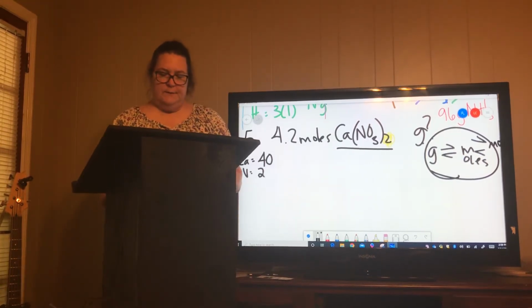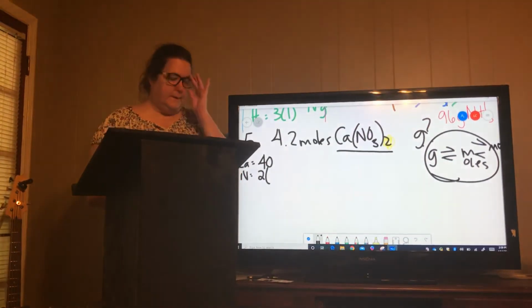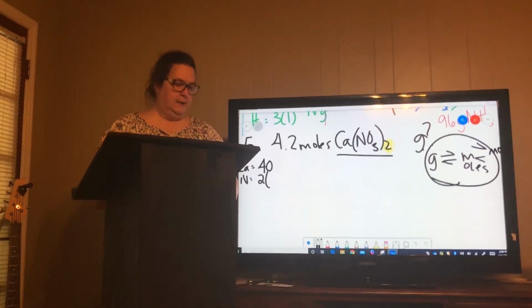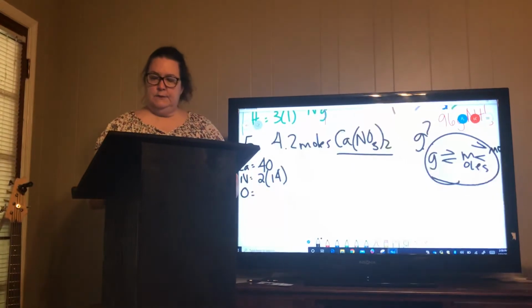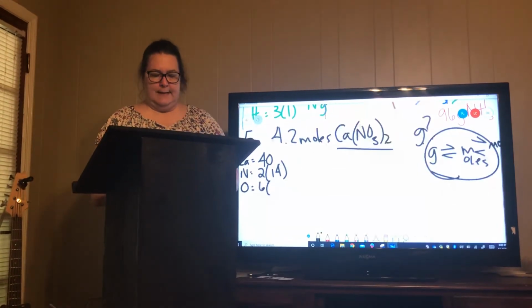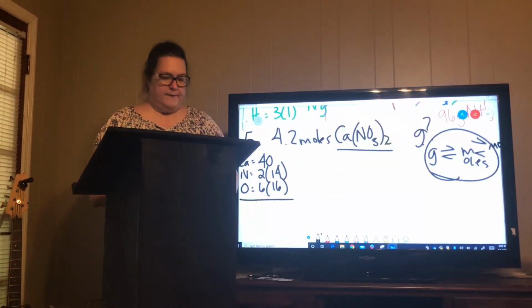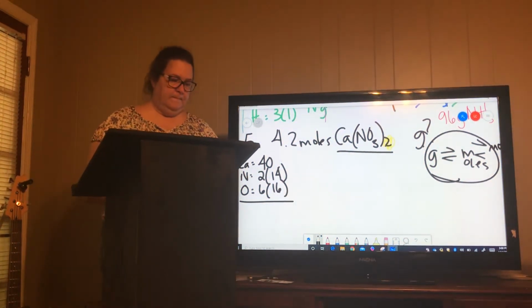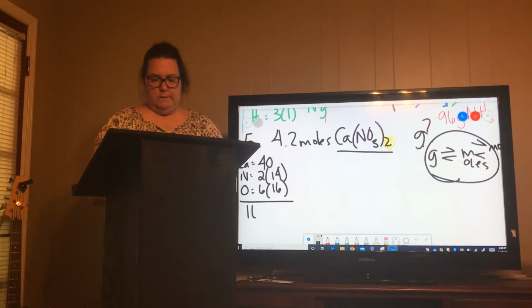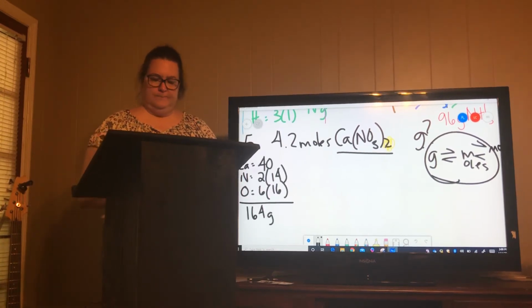So I have 2, and if I look on the periodic table, nitrogen is 14. And then my oxygen, 2 times 3 is 6, and that's 16. So if I add that all up, I get 164 grams is the molar mass.